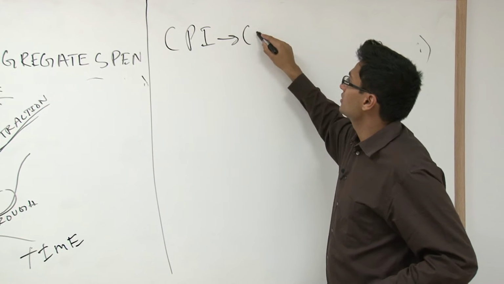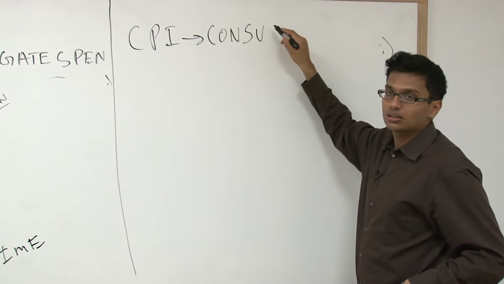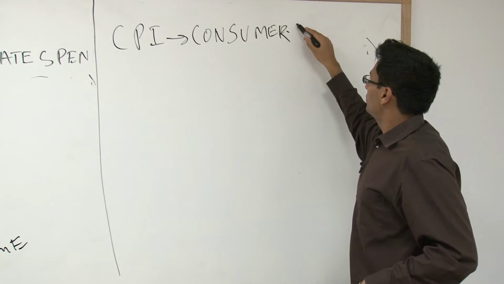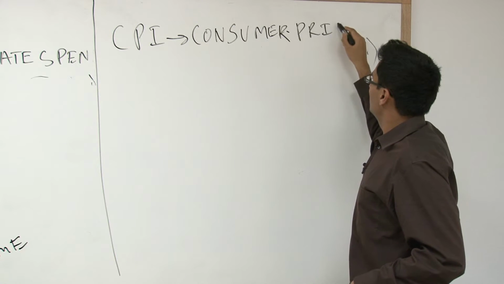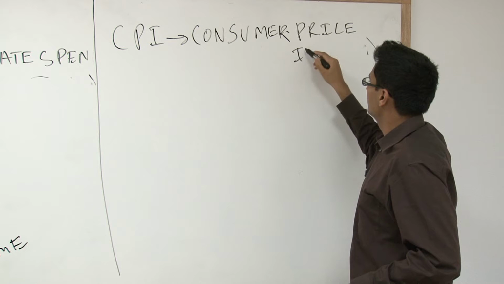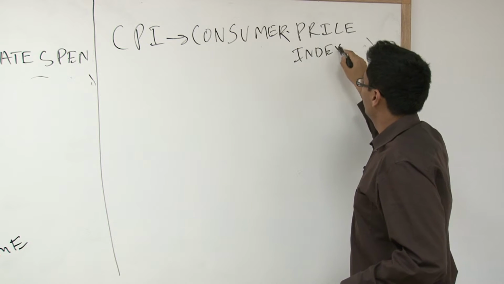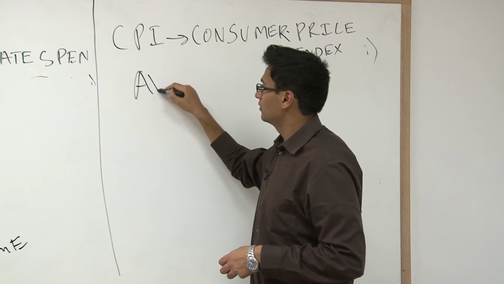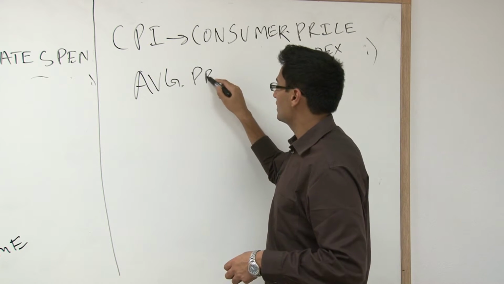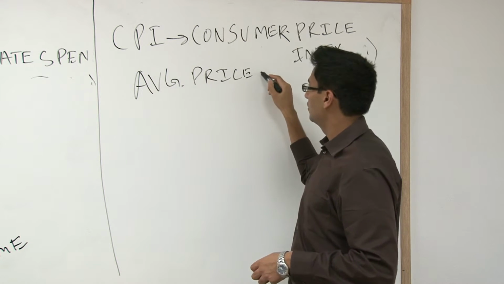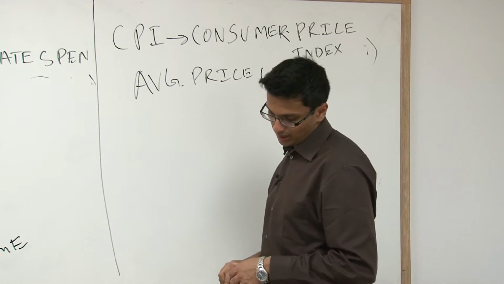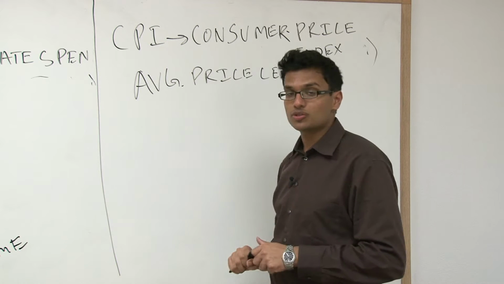CPI, known as consumer price index. And what does it say? It basically measures the average price level of items that consumers actually can buy.